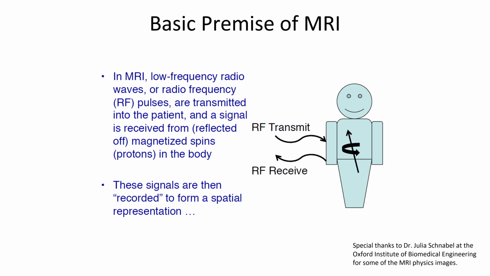And then, after that radio frequency pulse is absorbed, all those protons are going to want to realign with the magnetic field. And as they do so, they're going to give back energy, the same energy that was absorbed. They're going to give it back as another radio frequency signal, but they're going to give it back over time. And that radio frequency signal is then going to be reabsorbed into the coil. It's like an antenna that sits near the body, and it's going to be reabsorbed in a particular way.